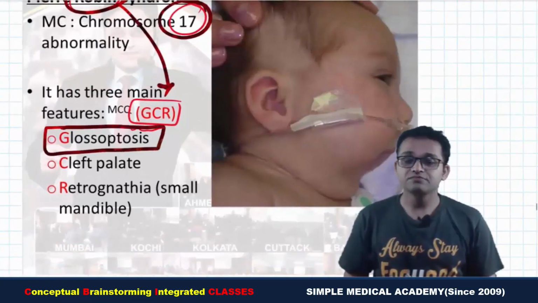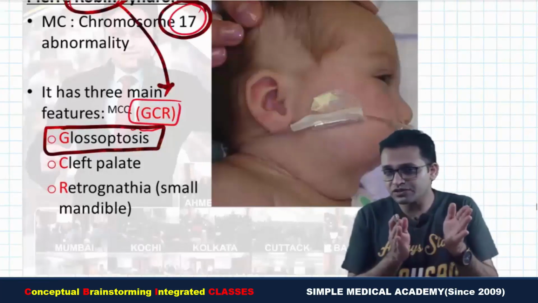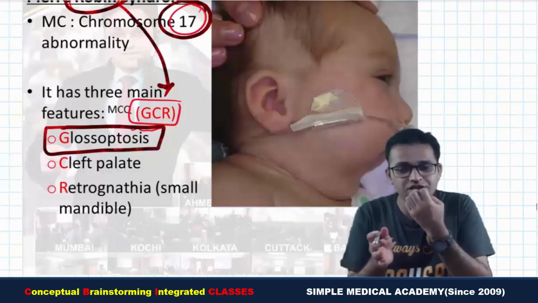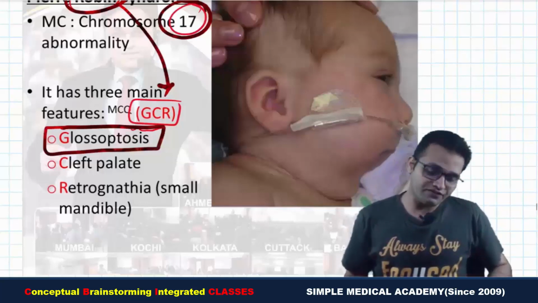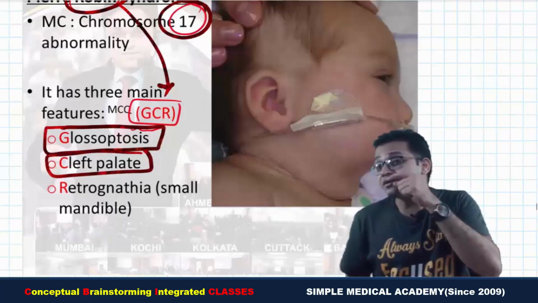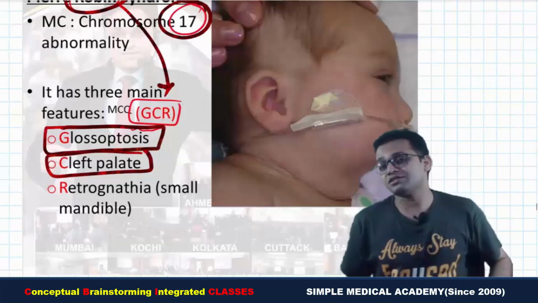Glossoptosis, abnormal development of the gloss, which means tongue. Can you break the name? Glosso means tongue, ptosis means downward displacement. So the tongue is affected. And C for cleft palate. Again, do you remember the tongue, palate, all develop from first arch structures.